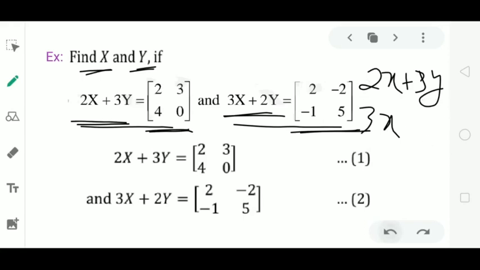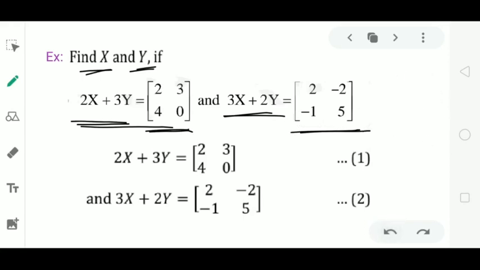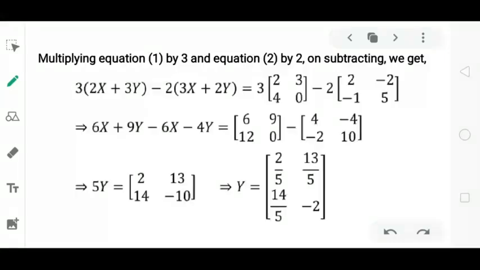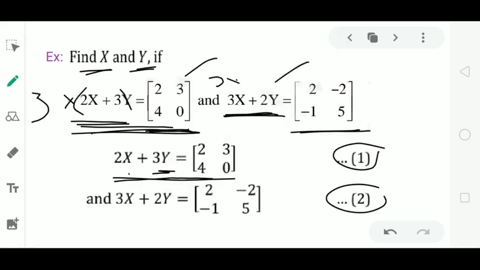Similarly, in this example also, we multiply 3 to the first equation and 2 to the second equation, and then we solve the equations. First, let us consider the given equations as equations 1 and 2. Next, multiplying equation 1 by 3 and equation 2 by 2, and on subtracting we get: here equation 1 is 2x plus 3y equal to this matrix.